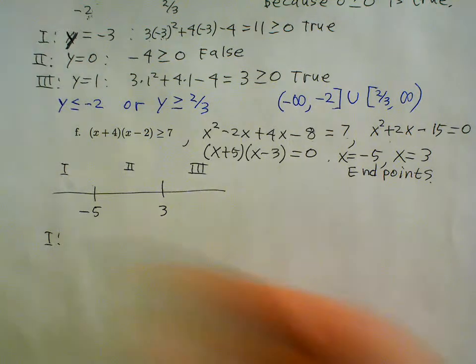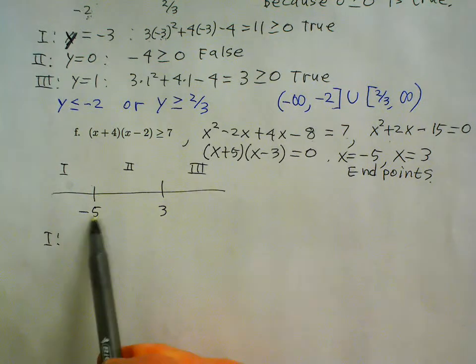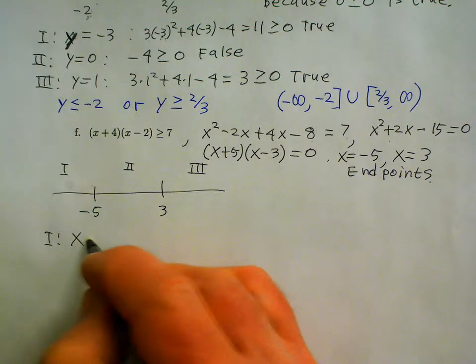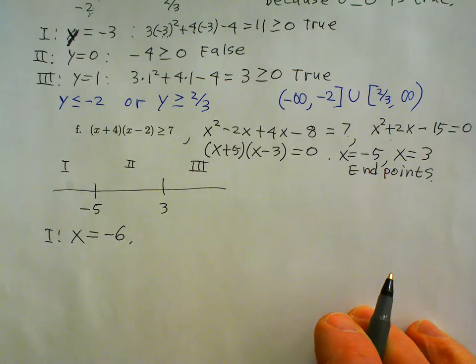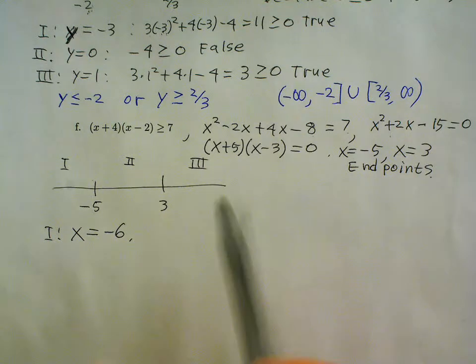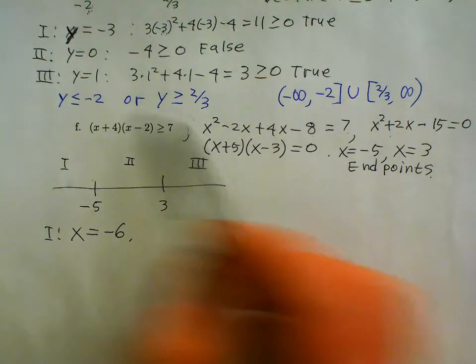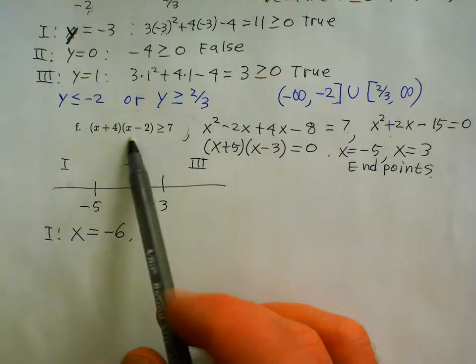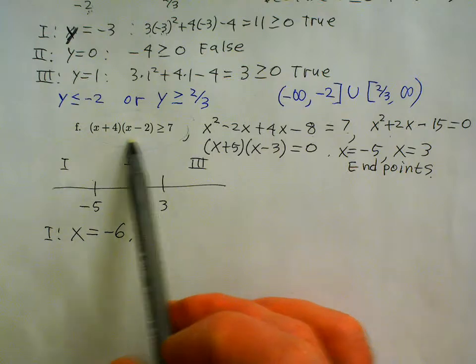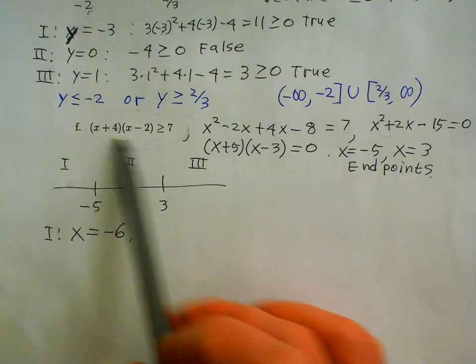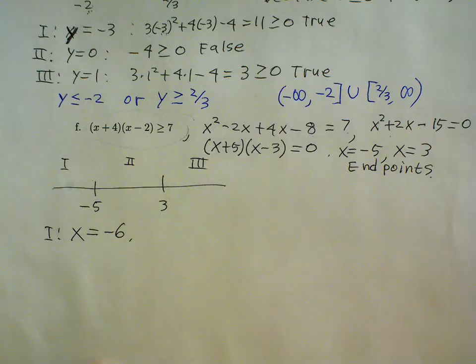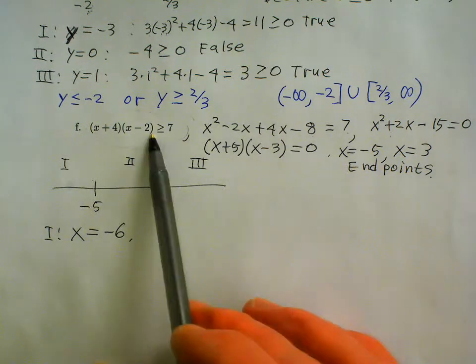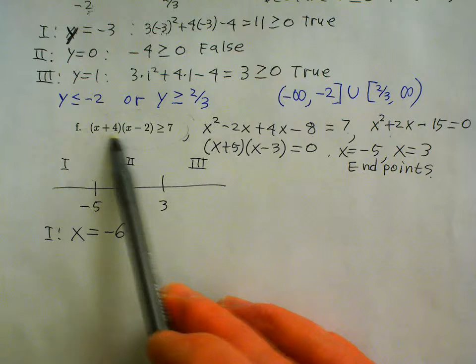In the interval on the left, pick any number less than -5. So I'll pick x to be -6. Well, we could use this inequality. If you want to put this inequality in a different form, you can. Just make sure that you don't break any rules in the process. But let's go ahead and use this inequality.